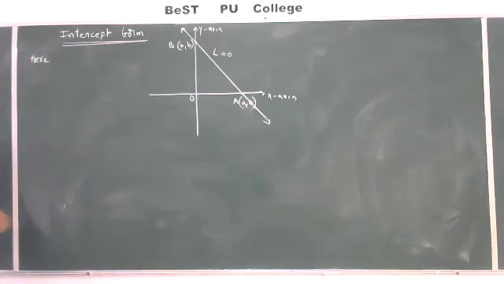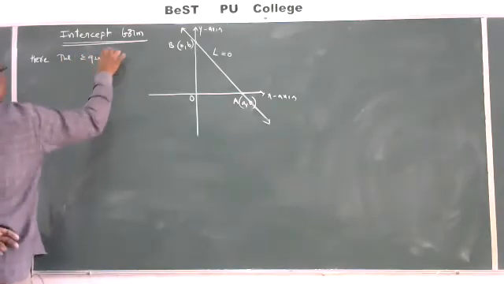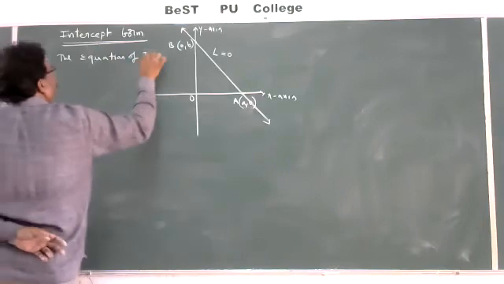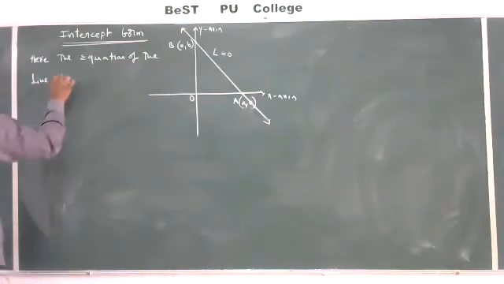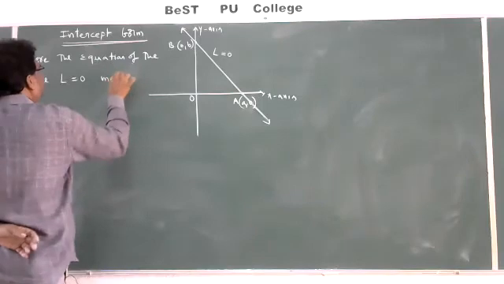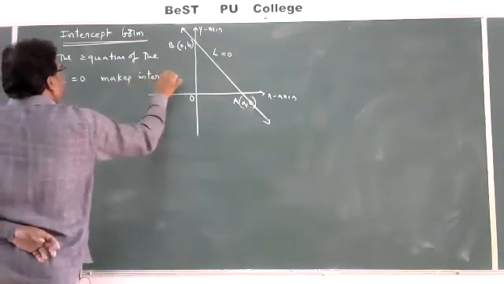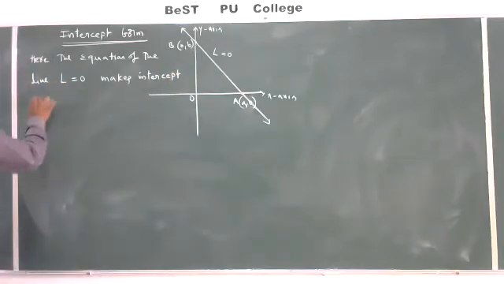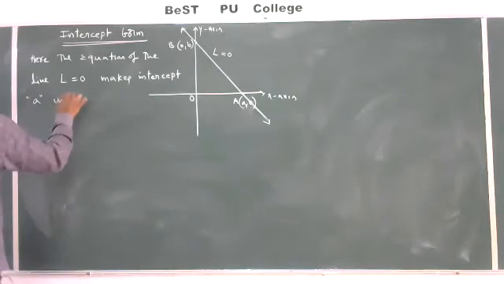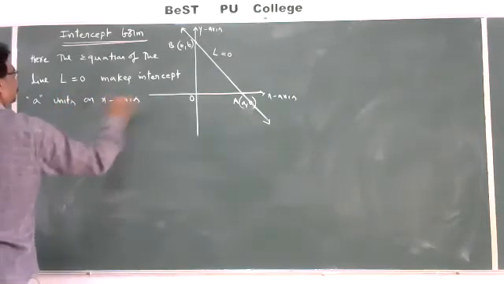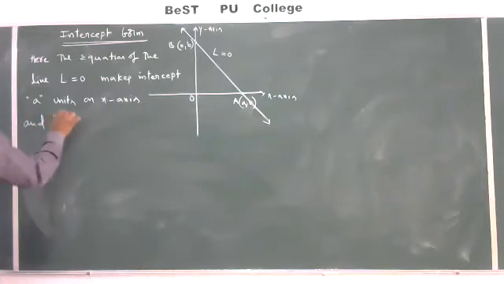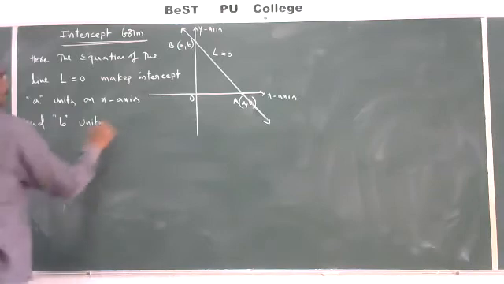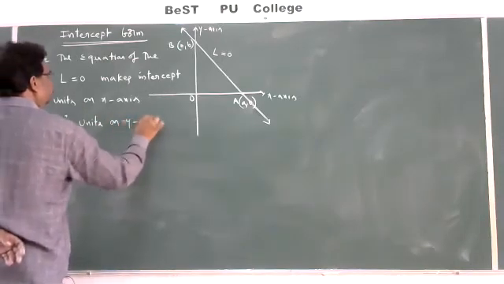Here, the equation of the line L is equal to 0 makes intercepts small a units on x-axis and small b units on y-axis.